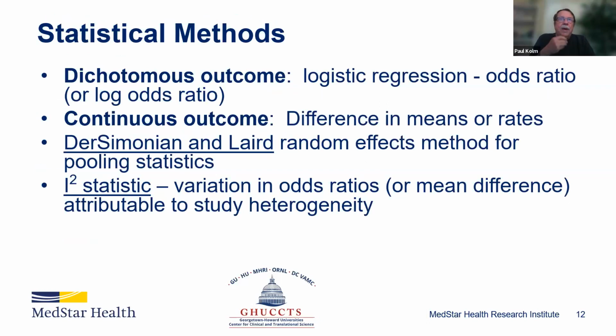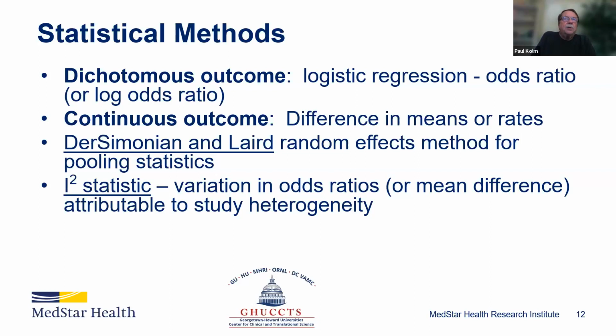So the statistical methods are pretty straightforward, because most studies compare two different groups. And so if you have a dichotomous outcome, like mortality, dead or alive, then we're going to do logistic regression.